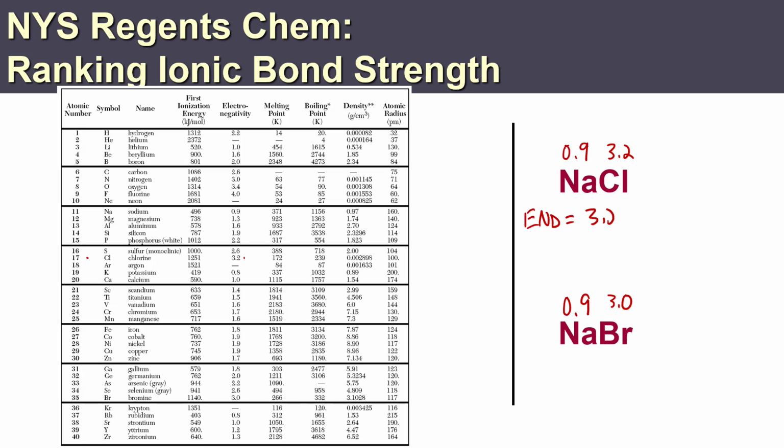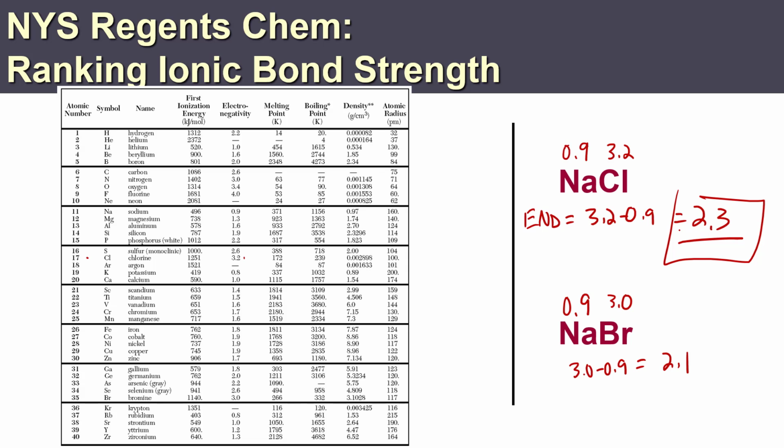So 3.2 minus 0.9 gives me an END of 2.3. And in this case here, we have 3.0 minus 0.9. This gives me 2.1. So in theory, our sodium chloride is going to have the stronger bond because its electronegativity difference is greater.